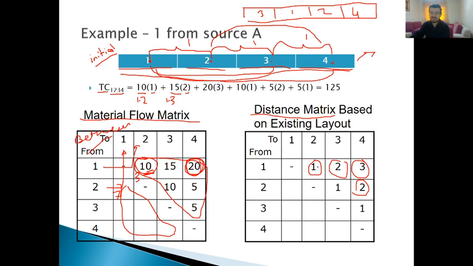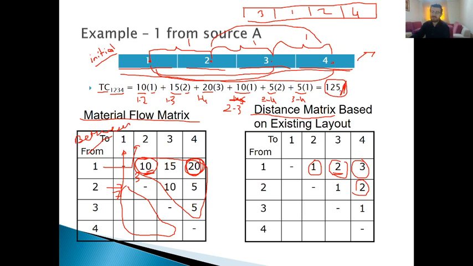And this is the distance between 1 and 3 in the given initial layout. 1 and 4, 2 and 3, the flow between 2 and 4, and the flow between 3 and 4. When I multiply these flows and distances, we get the cost of the initial layout. In the initial layout, the total traveled distance will be 125.